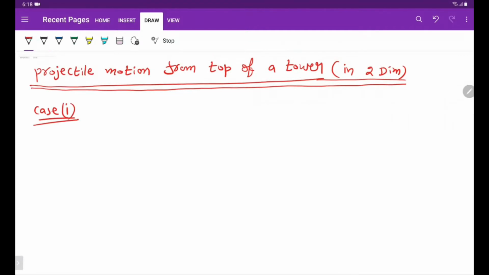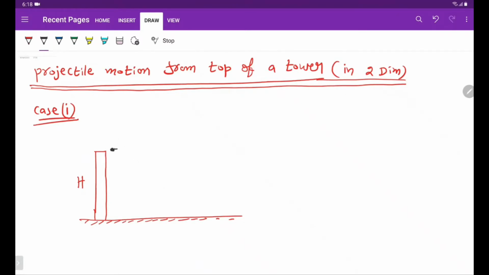So there is case one. Consider the tower of height h, and this is the ground. Consider a particle projected horizontally.